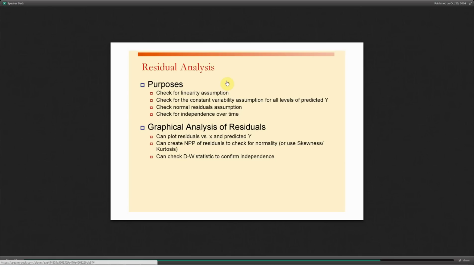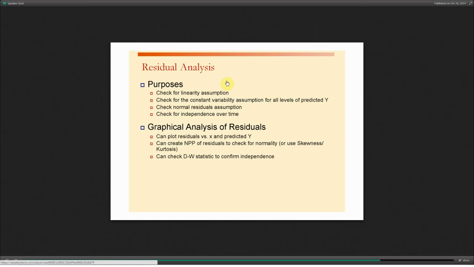So once again, our predictions and conclusions about the simple linear regression model are based on the assumptions, and are only as good as the assumptions are valid.